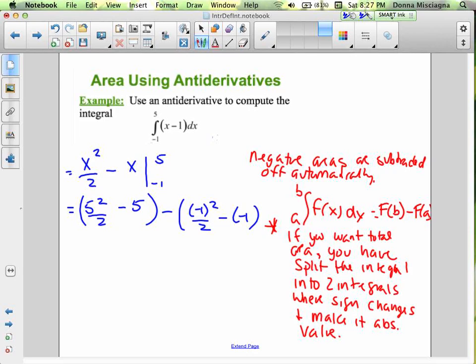All right, so that's going to be 25 halves minus 5. And that's all together. And then minus, this would be now a positive 1/2 plus 1. So 25 halves minus 10 halves.